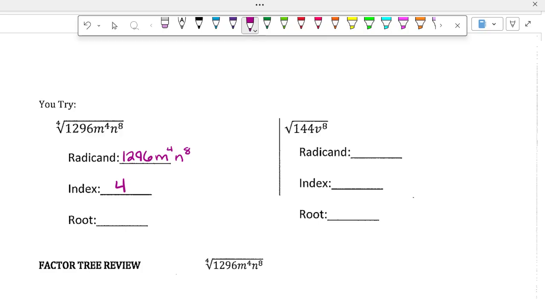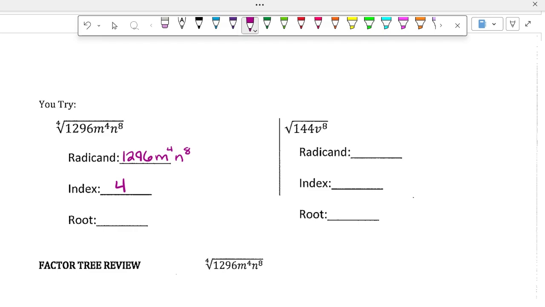Now, for this first one, the root is going to be the fourth root of all those values. But some of you were struggling with that. So I'm going to ask for someone for the numerical root, and then I'll do one of the variable roots with you, and then ask someone else for the other one.